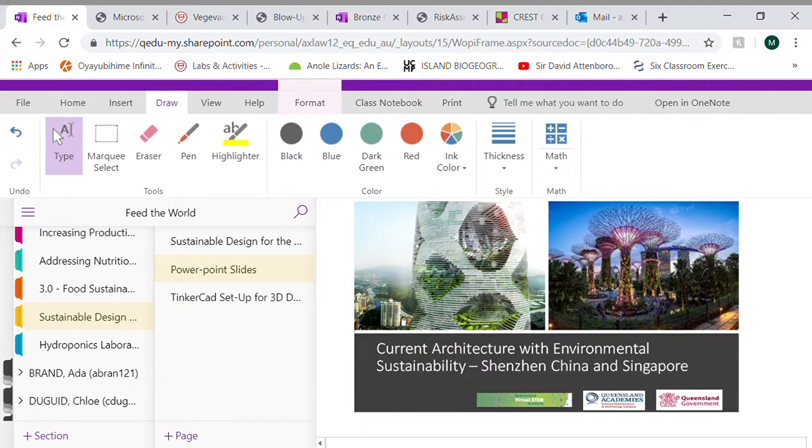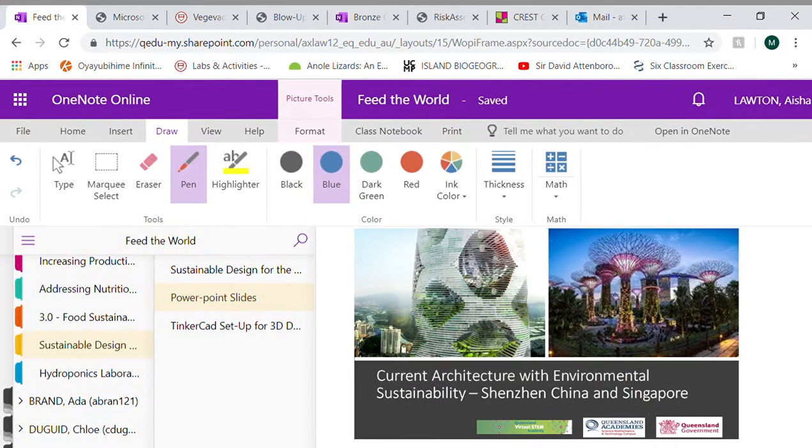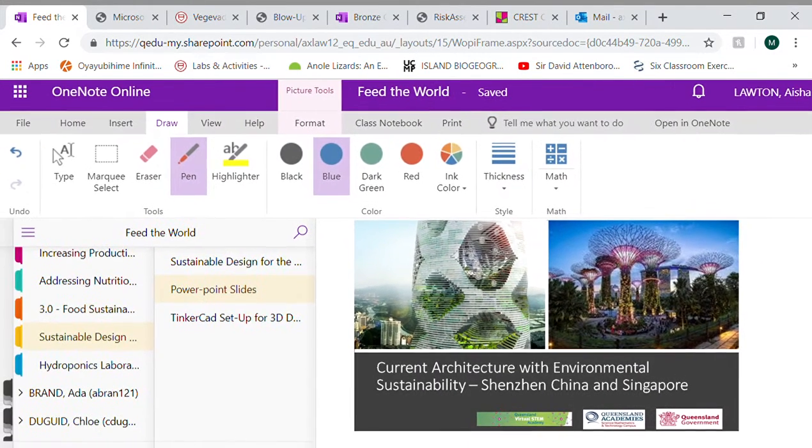So here's an example of current architecture with environmental sustainability in mind when they built it. On the left, you'll see a high-rise that's been made in Shenzhen, China. The Shenzhen high-rise in China actually uses a complex mechanism that works around solar and wind management.